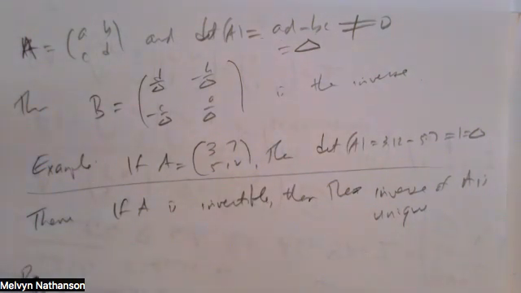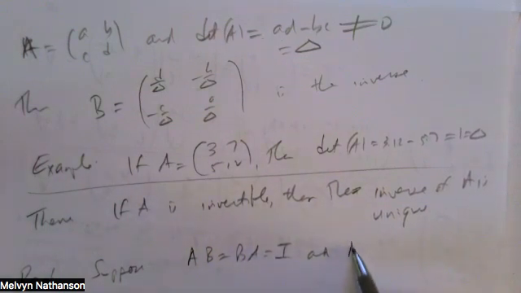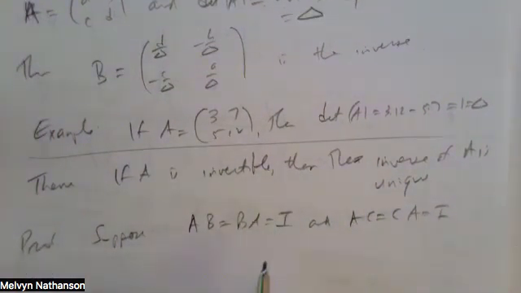So the proof is as follows. Suppose B is an inverse, AB equals BA is the identity. And C is an inverse, AC equals CA is the identity. So then I can do the following clever calculation. The matrix B is B times the identity, because any matrix times the identity gives you back the same matrix.